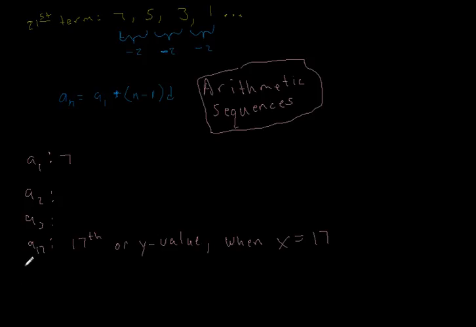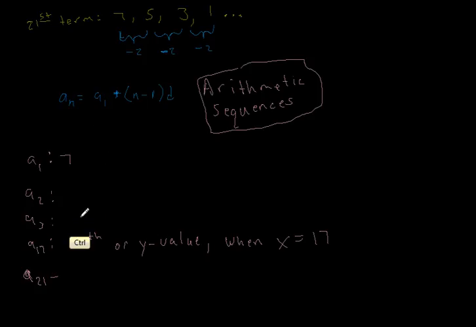Now a sub 21 is what we want to find out. Not a to the 21st power, but a sub 21. We want to find the 21st term, and I'll follow this formula.